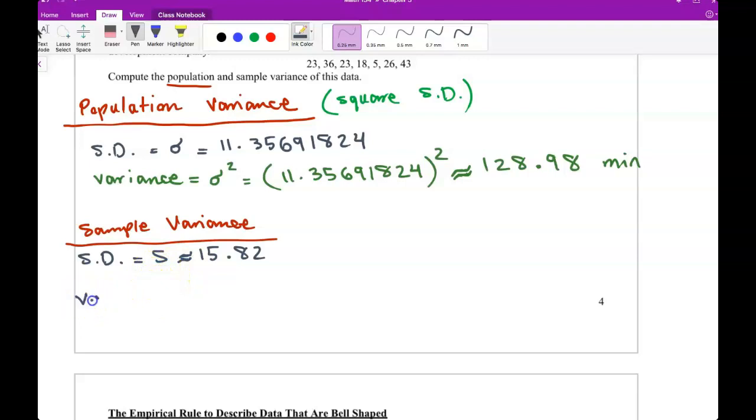So variance is equal to 250.2724. I'm using 250.27.